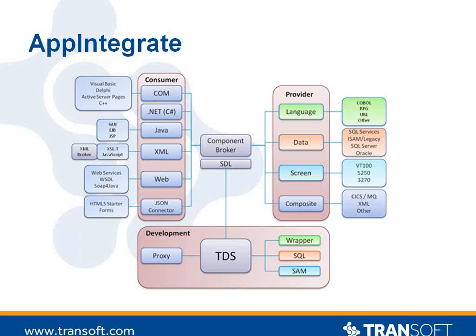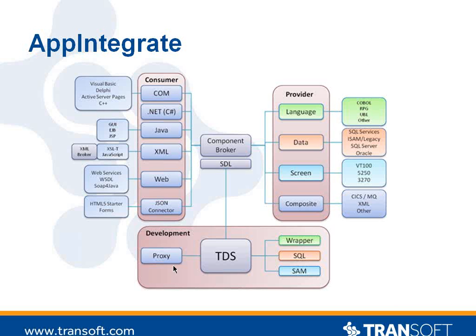So this is the AppIntegrated architecture diagram. The component broker in the middle here, that's what does all the work. Basically, we write our components in this service description language, and we have multiple different types of consumers that we can have, and the component broker can service those consumers from a variety of different languages, including COBOL, RPG, and for us UBL.